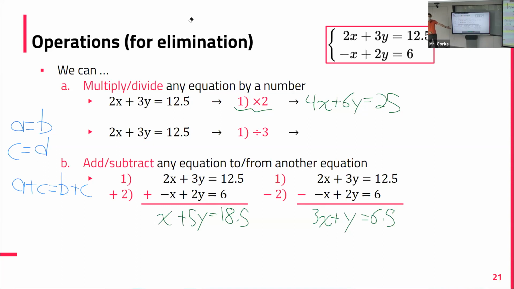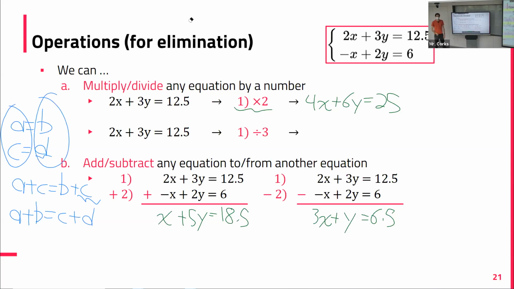That's okay? This C is equal to D, so I could just rewrite that to be A plus C equals B plus D.